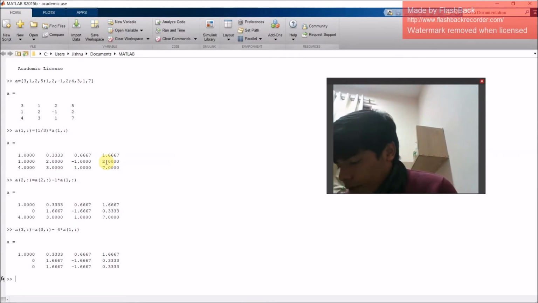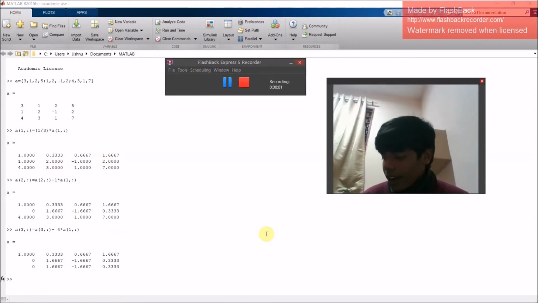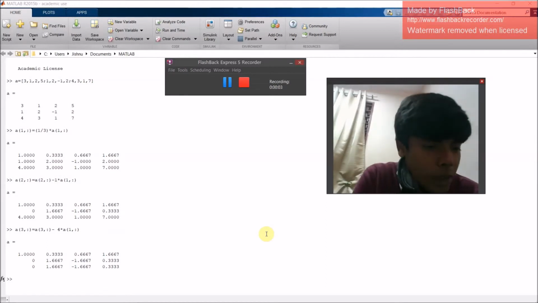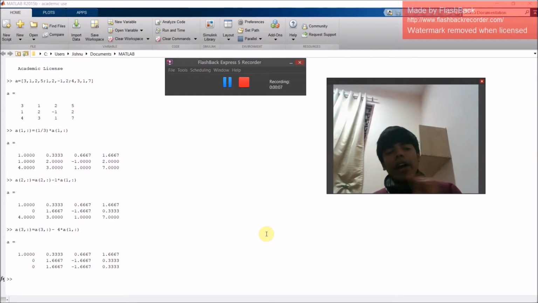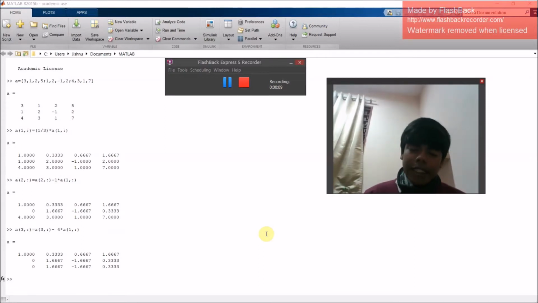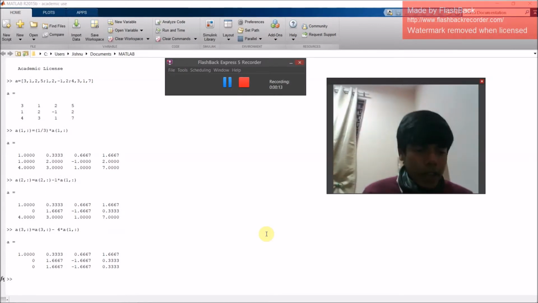So 3 by 5 into, good, right? So back to where we were. Now the first non-zero element of the second row is 5 by 3. So one way of fixing that is by multiplying that by 3 by 5. So let's go ahead and do that.